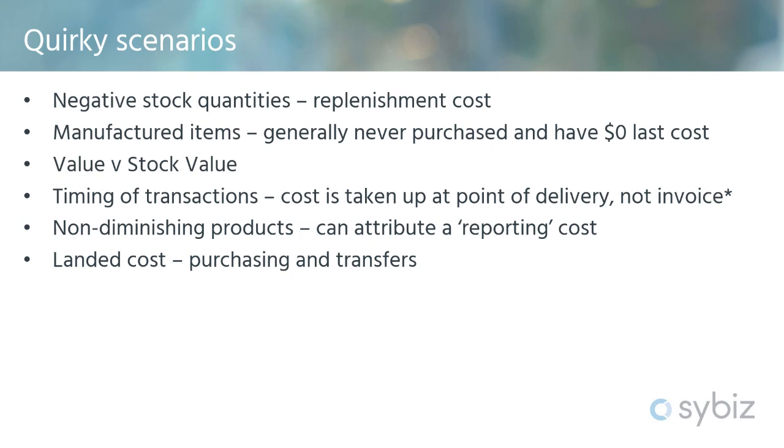And some of the quirky scenarios: the negative stock quantities and the replenishment cost. Essentially, where this can be quite quirky is if you do sell into negative, the system, while it's in negative, will use the last cost of the item. So if you have a last cost of $5, once you hit negative, it's going to start using $5 per unit. So if you have, say, 5 units sold into negative at that $5 last cost, then at that point in time, you're going to have -5 in stock with a value of -25.